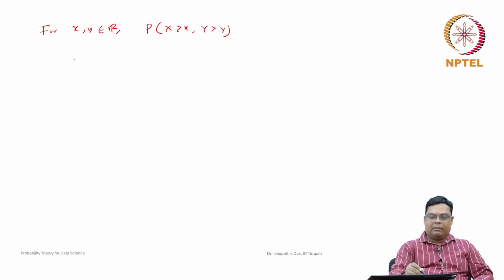Suppose we do the complement of this, so this will be 1 minus the probability of the complement of X greater than x, Y greater than y. First of all, we write down the event: the probability that X greater than x intersection Y greater than y.